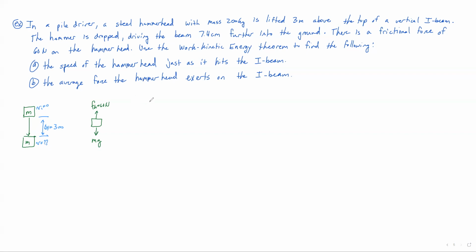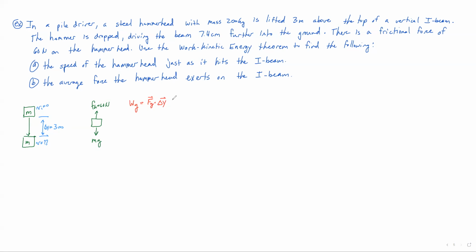So first of all, let's write our forces out. There's gravity and then there's friction. Let's get gravity first. I'm going to use red. So the work due to gravity is just the force of gravity dotted with delta y, the distance that you're falling.